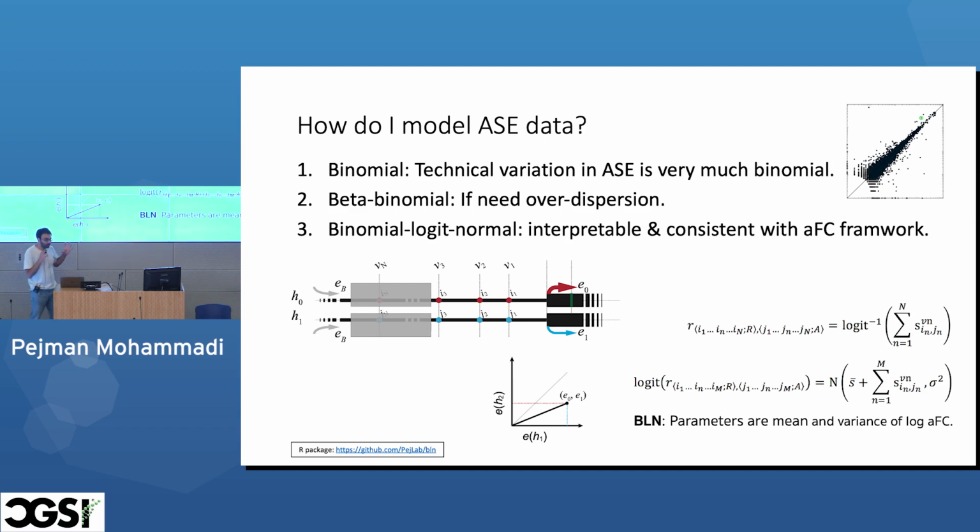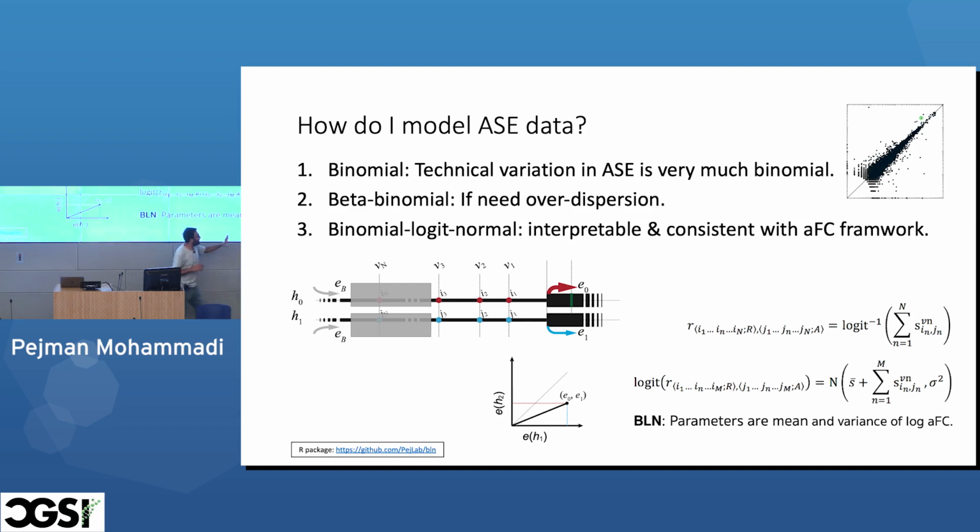This binomial logit normal is a distribution that emerges from the definition of AFC. If you calculate, under the AFC framework, the expected allelic imbalance for a given genotype based on all the SNPs that it is carrying, you could show that the reference ratio boils down to a normal distribution with a mean of the allelic effects of everything you don't know, plus those that you specifically do know, plus the variance of AFC of all the things you don't know.